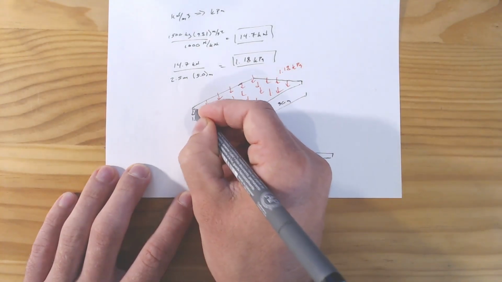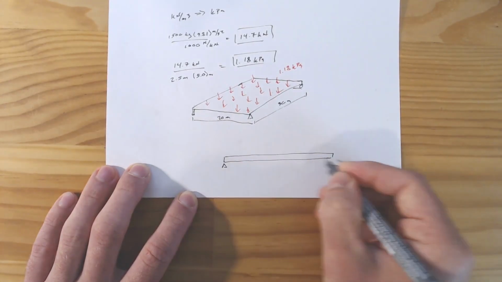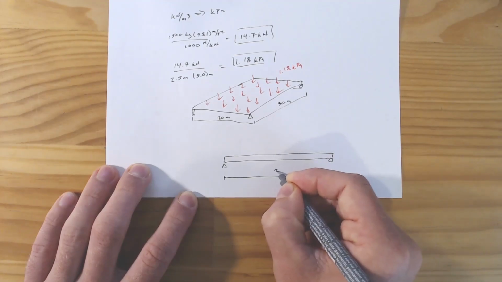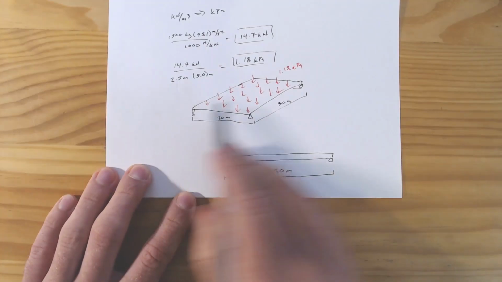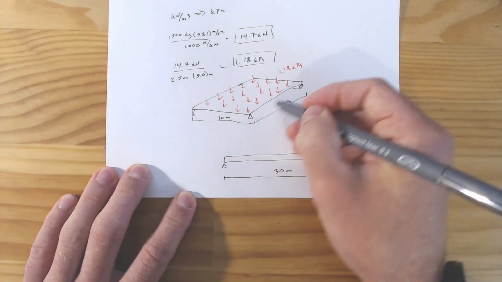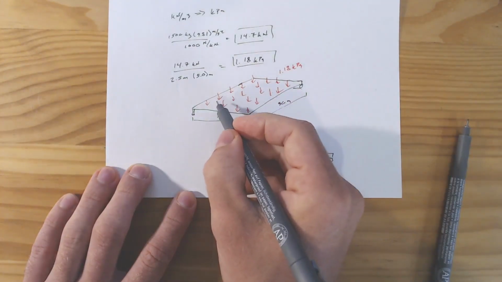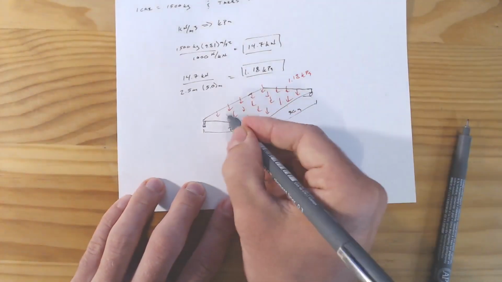Because again, we're supported at this end and at this end. And this is 30 meters. Effectively, we want to find out per meter length here how much total load. So effectively what we're doing, much like with our dead load, we're just going to take a 1 meter strip.